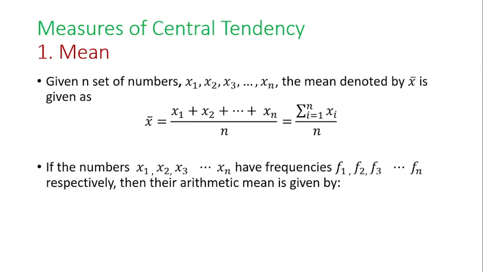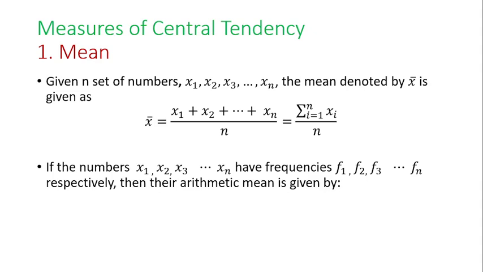So now, if those x values that you have have corresponding frequencies, for example, you are measuring data about the weight of children, and those that weigh 30, there are 5 of them. Those that weigh 31, there are 6 of them.